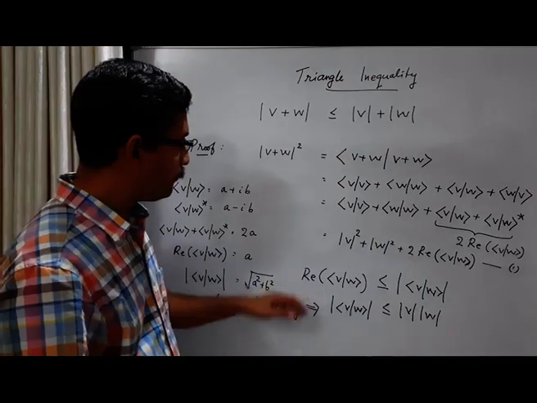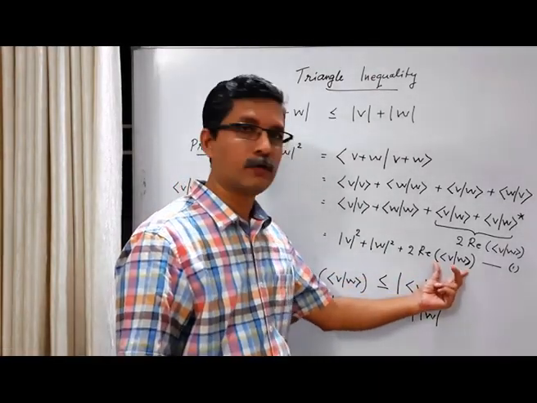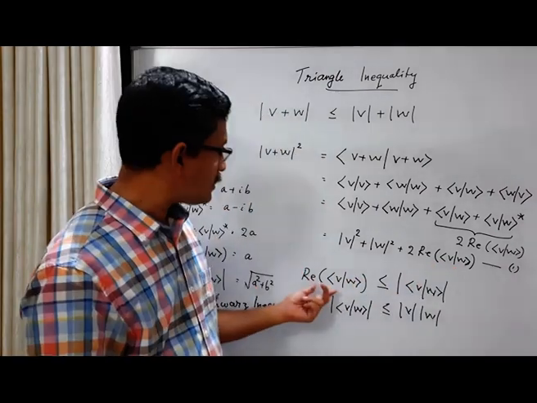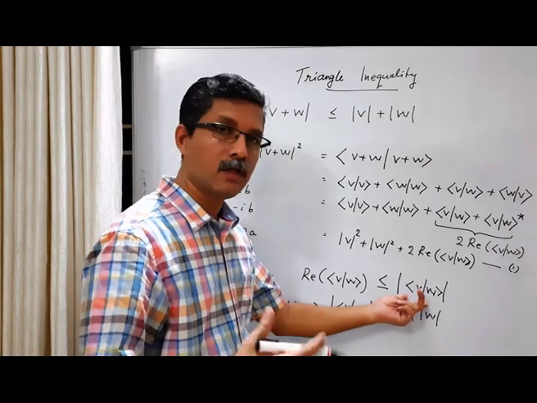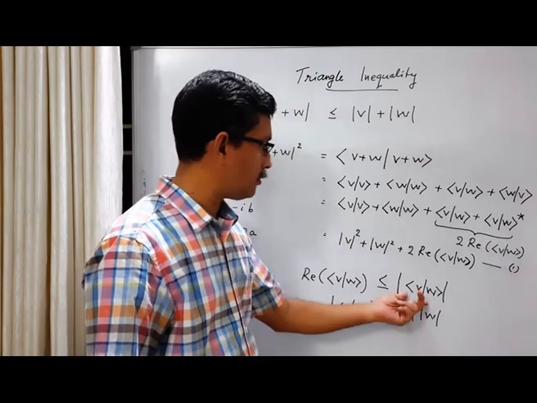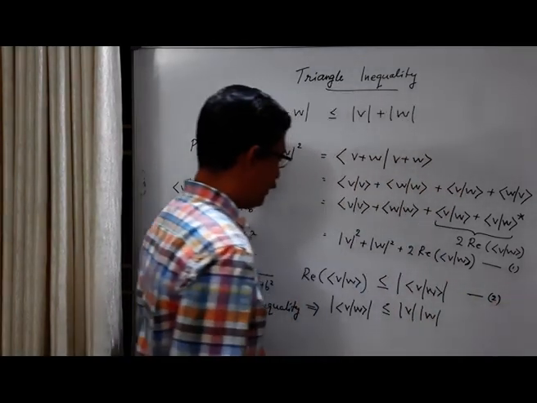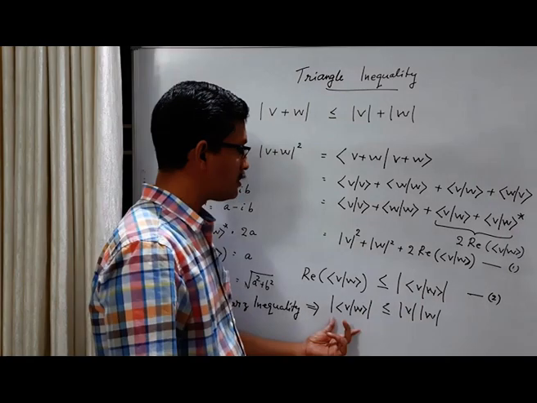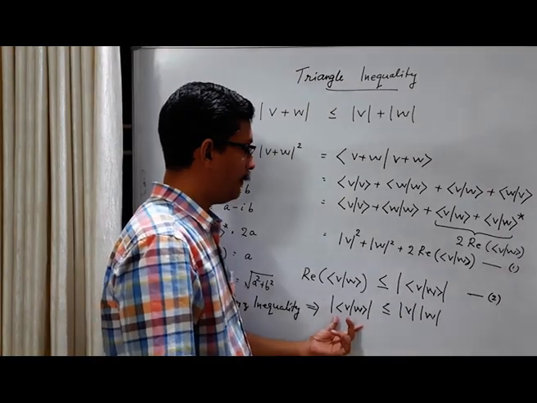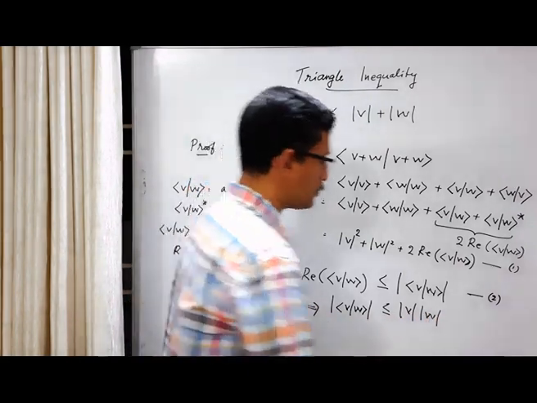So in equation 1 we have this real part of the inner product of v with w. What we see is that this is less than or equal to the modulus of the inner product of v with w. Let me call this equation 2. And this part, according to Schwarz inequality, this modulus of the inner product between two vectors is always less than or equal to the product of their norms.